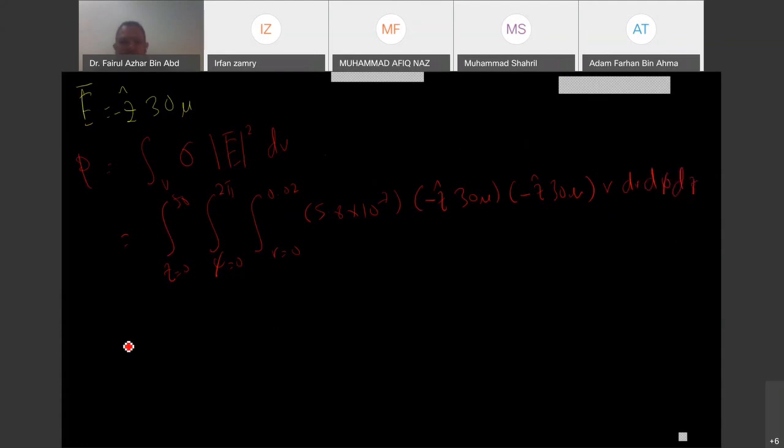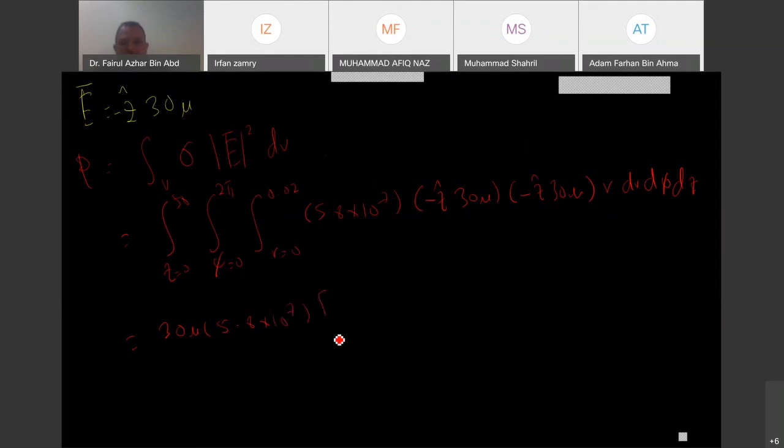If you solve this, for the dot product we get 1, since minus z times minus z is positive z squared. So we will have 30 micro squared multiplied by 5.8 times 10 power of 7.